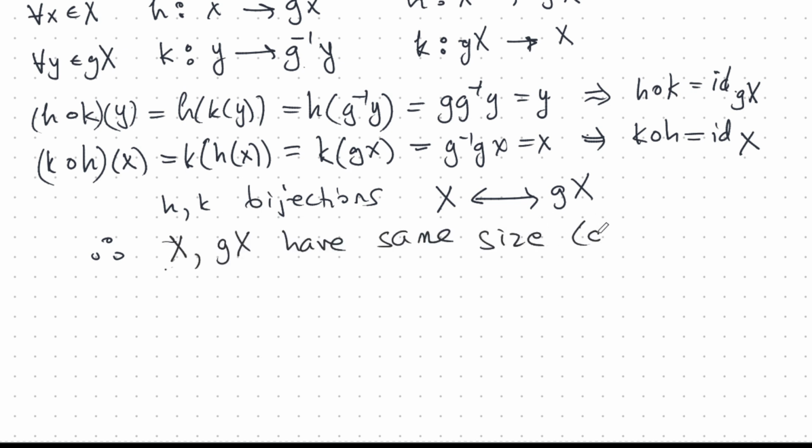Well, we call that order in group theory. So in other words, the order of X is equal to the order of gX. And so any two cosets will have their size equal to the size of X, and this implies that the size of any two cosets is going to be equal to each other also. Okay, so we're done.